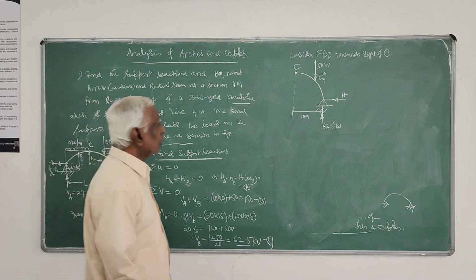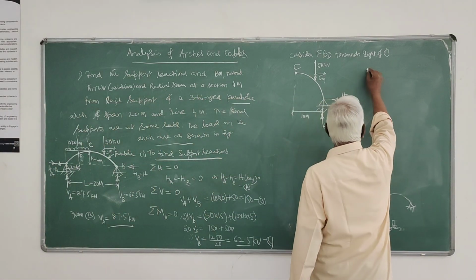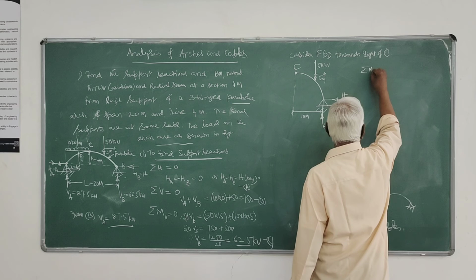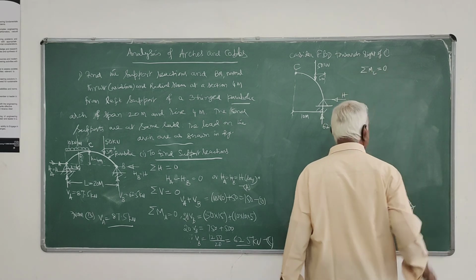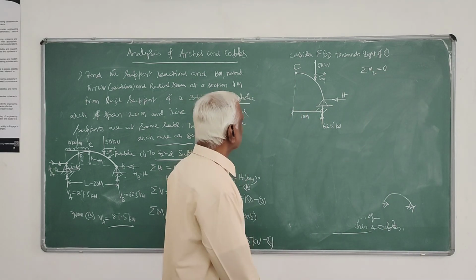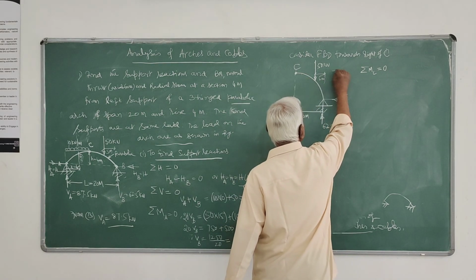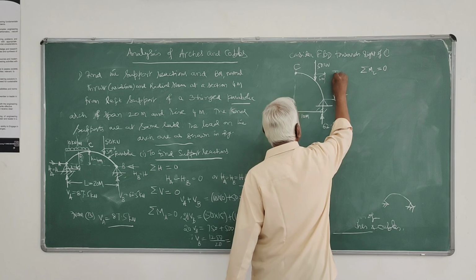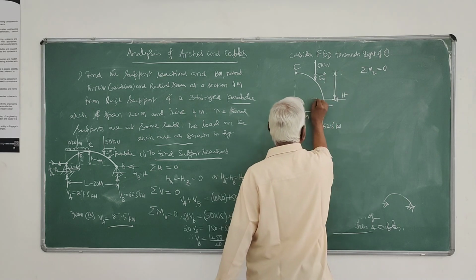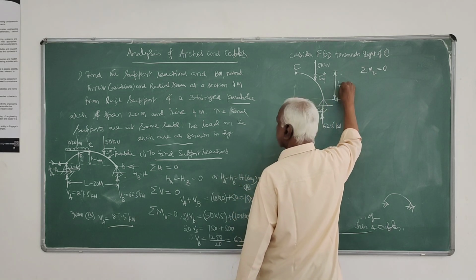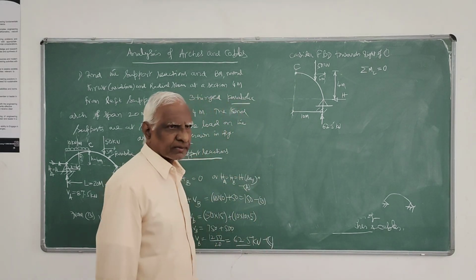Now you apply the fourth equation, sigma MC equals 0, and this height above the springing line is 4 meters, that is given.